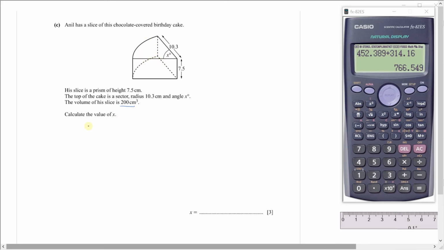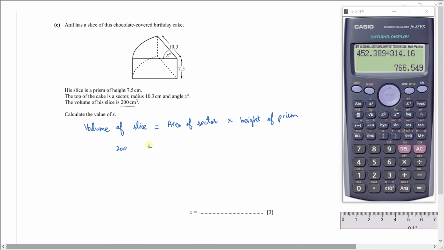So let's calculate the volume. Volume of slice will equal the area of sector multiplied by the height of the prism. So volume is given, it is 200.